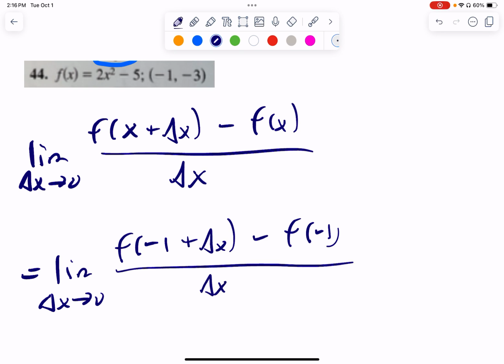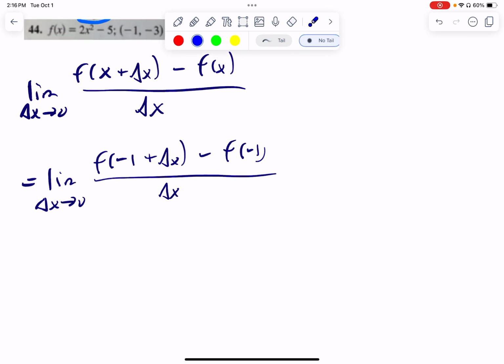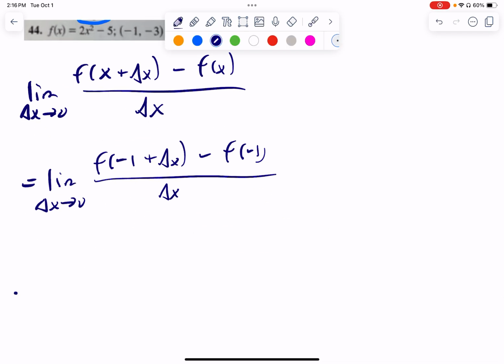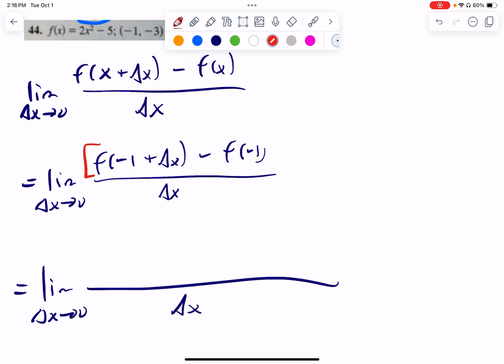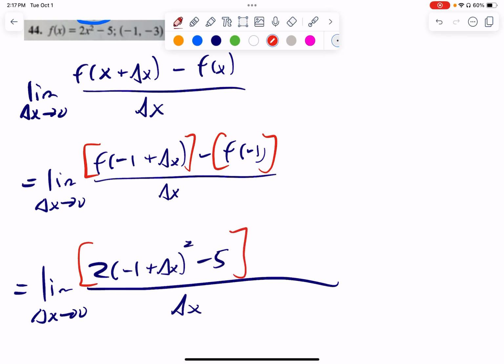And the rule here is 2 times input squared minus 5. I'm going to bracket these off. So for the first one, 2 times input squared minus 5. That's what I get if my input is negative 1 plus delta x.